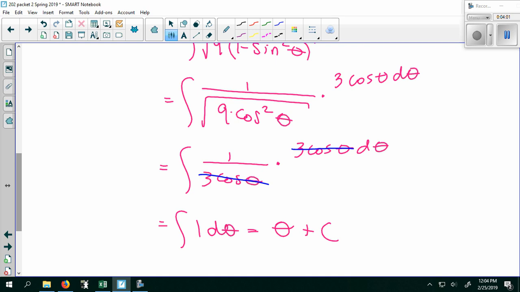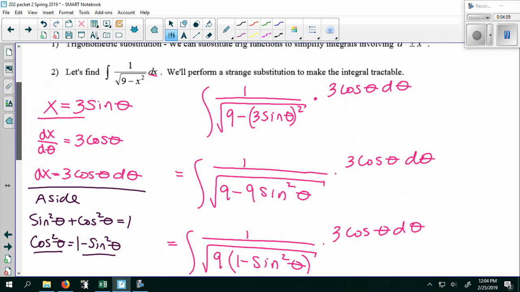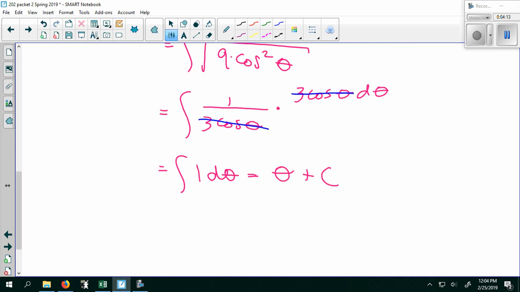Now though, my original problem had x's in it, not thetas, so I have to translate back to x's. So I have to go back to my original substitution equation. x equals 3 sine theta. I just need to solve for theta so that I can replace this theta with an expression involving x.